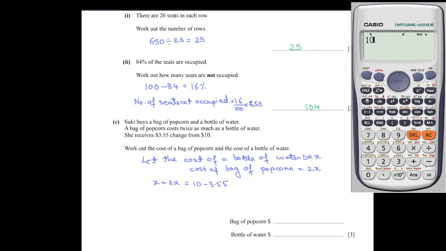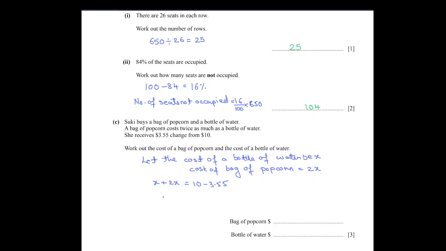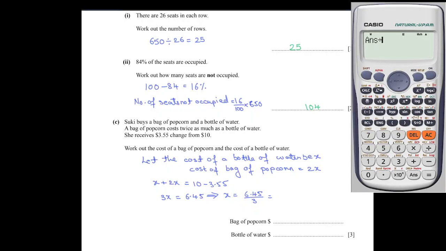So 10 minus 3.55 is equal to 6.45. So 3x is 6.45. Then you can find the value of x as 6.45 divided by 3, which is 2.15.